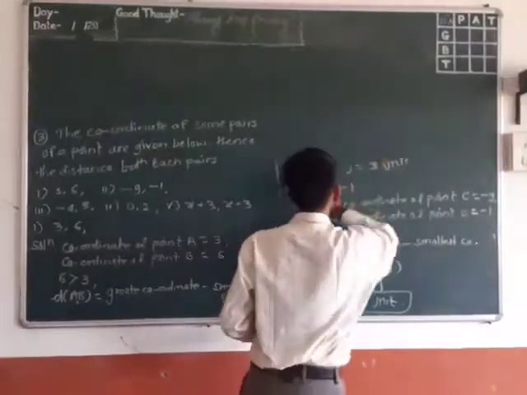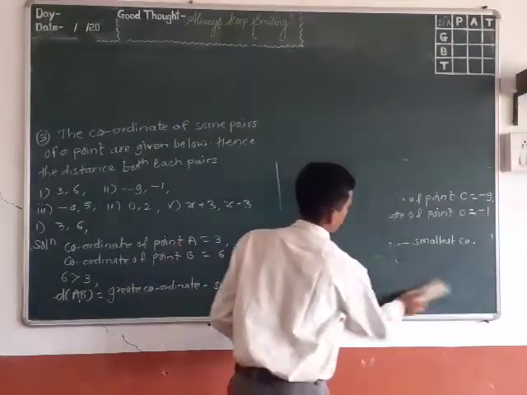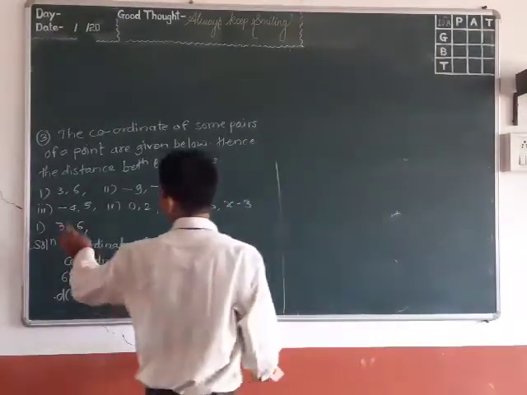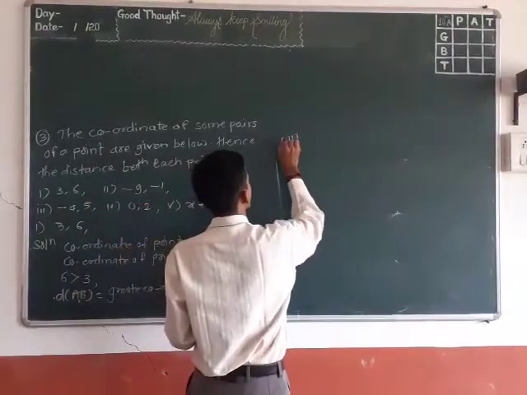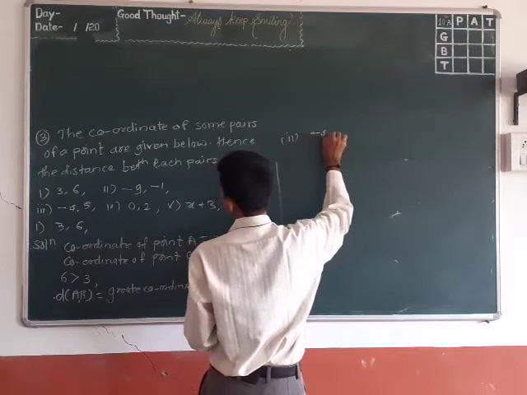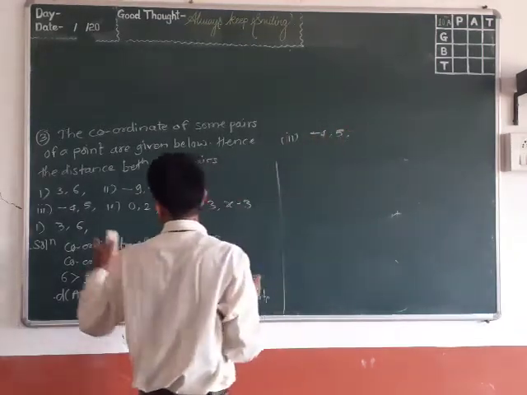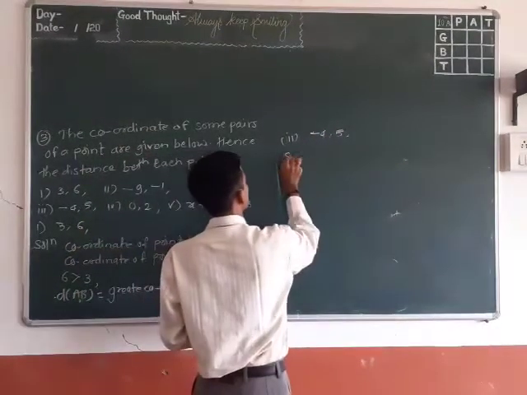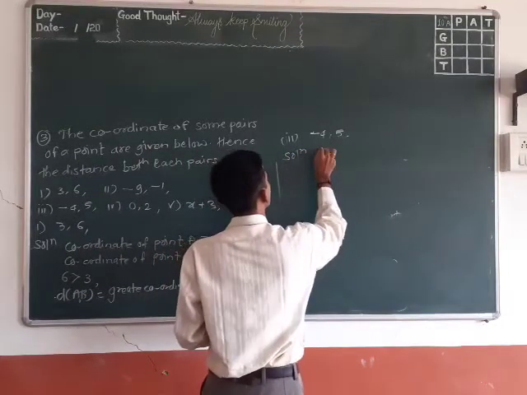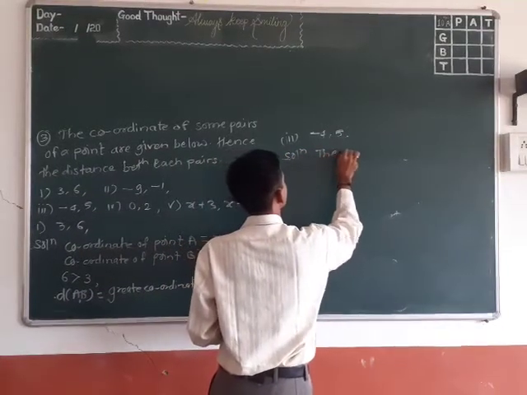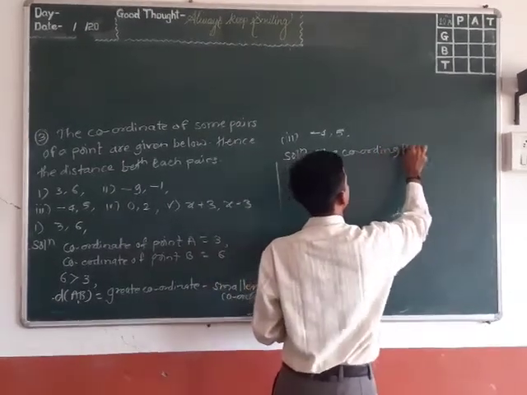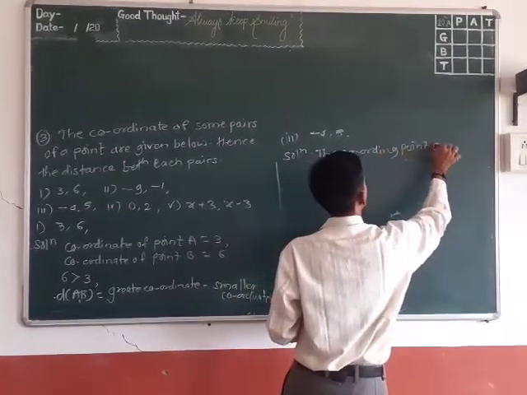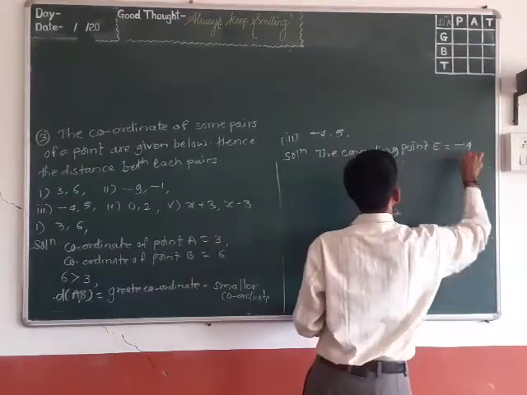Third example, -4, 5. Solution: the coordinate of point E is equal to -4.